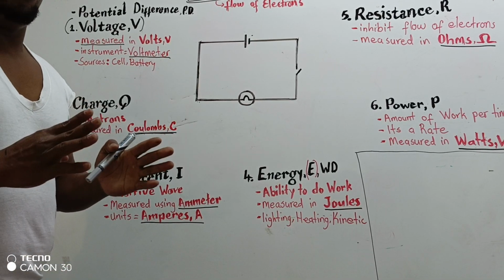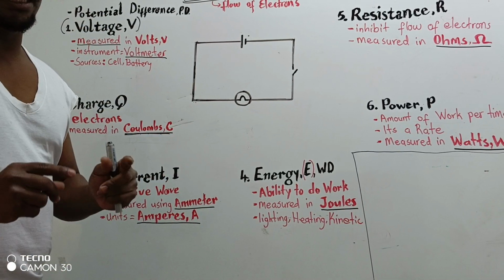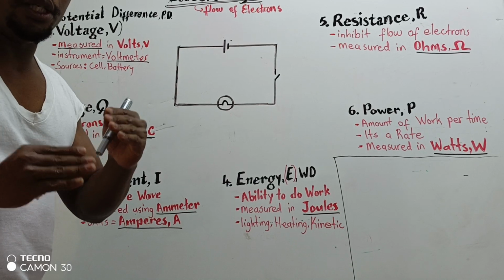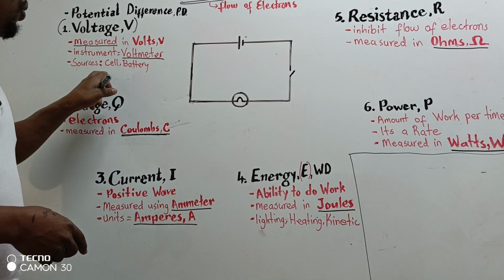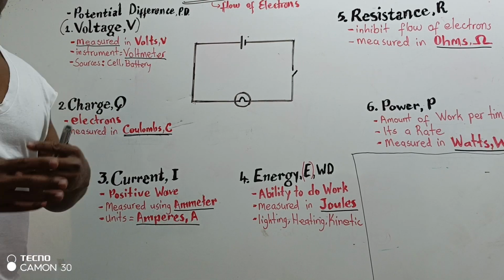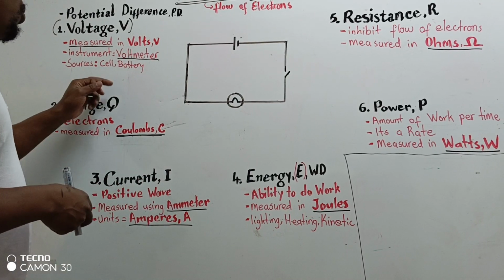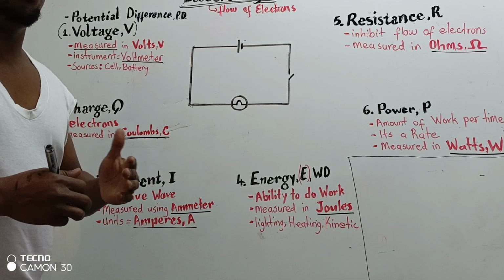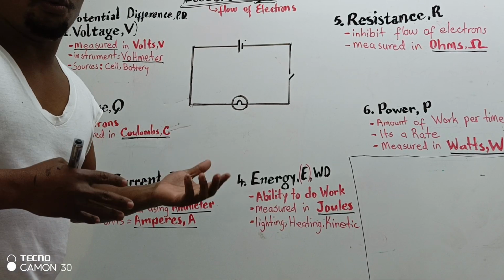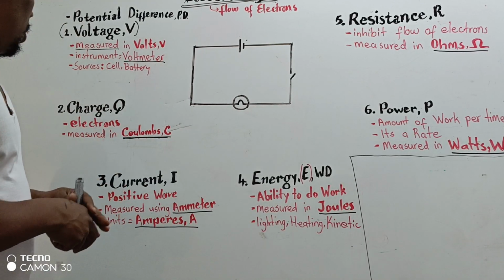Now the instruments, as we go through all these parameters. This one is measured using a voltmeter, and the sources of potential difference are a cell, a battery of 12 volts, or the mains at 240 volts, right?